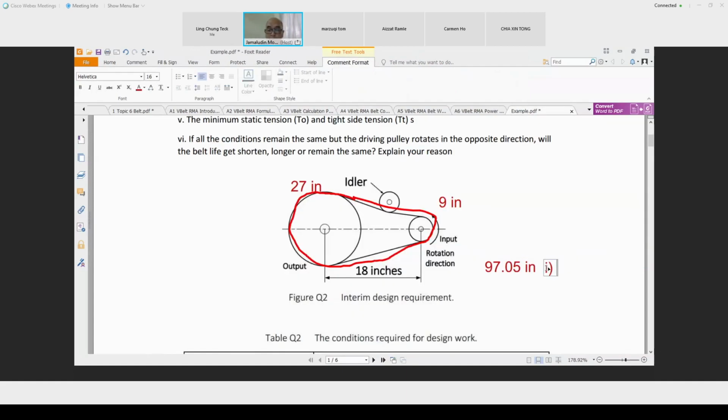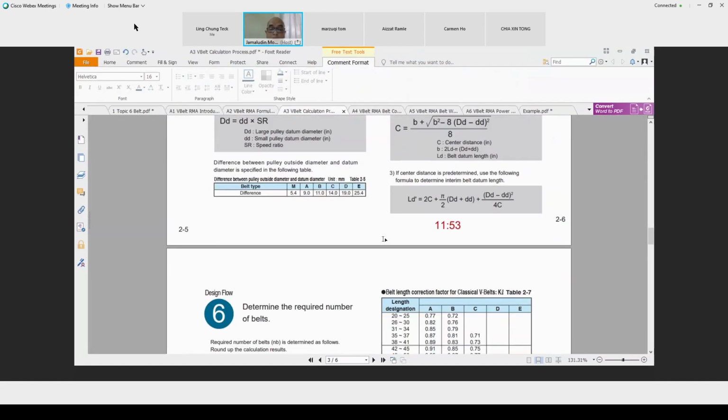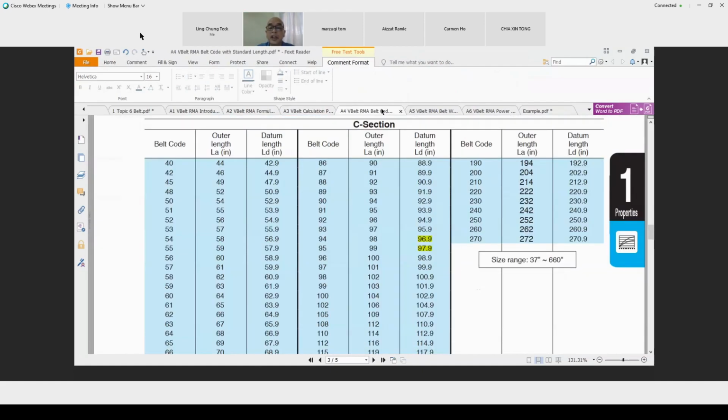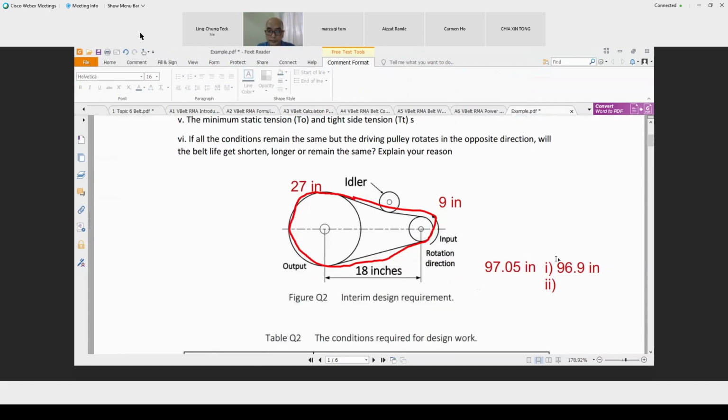The first choice is going to be 96.9 inch. And the second choice is 97.9.